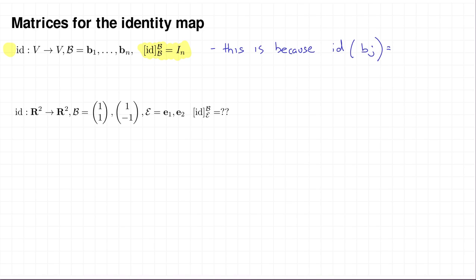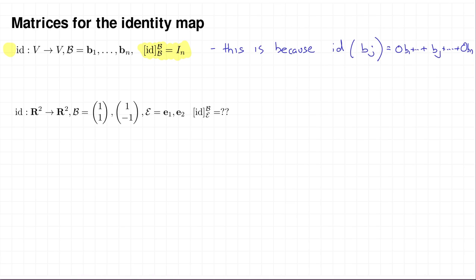So of course that is 0 times B1 plus 0 times B2, all the way up to 1 times Bj, and then 0 times the rest, all the way up to 0 times Bn. And that is telling you what the jth column looks like.